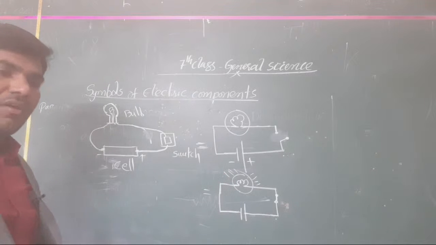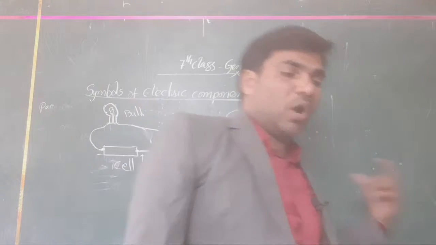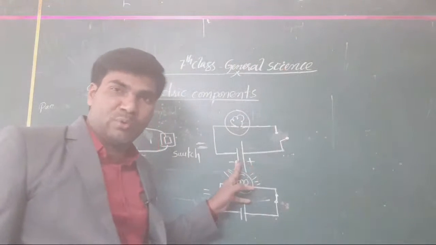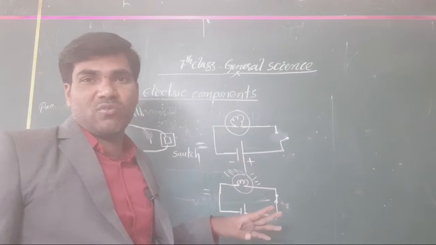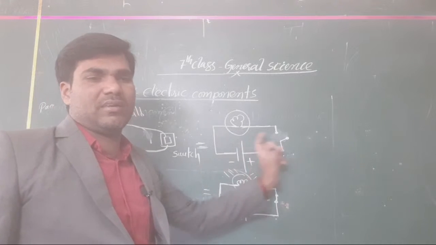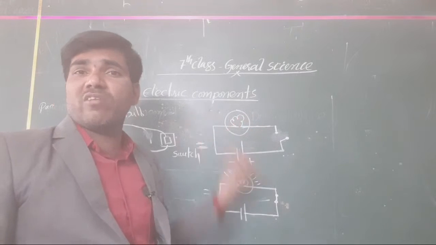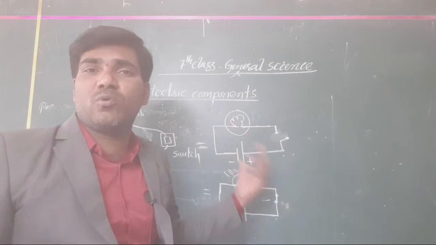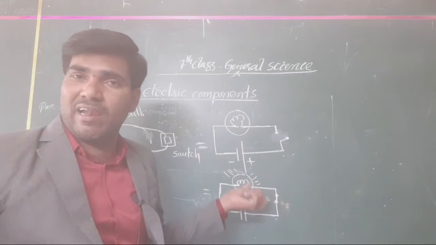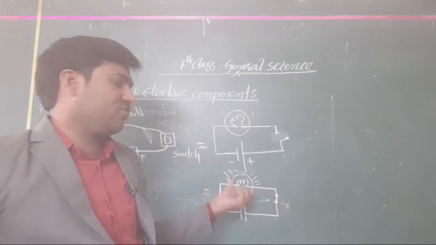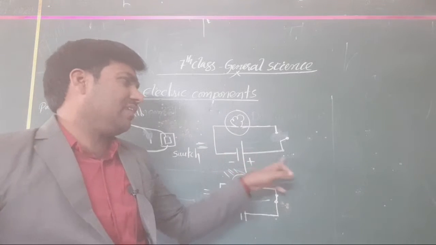In case we want to insert a fuse, or any transformer, you connect it between a source and a consumer. Sources are those which produce electrical current. Battery, cell and power stations are all sources. And what are connectors?